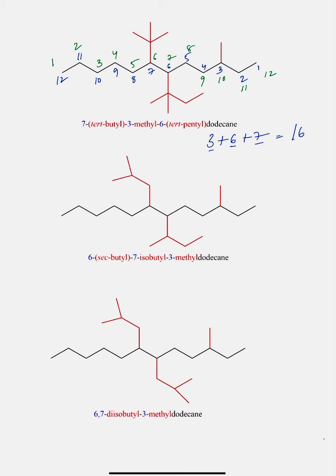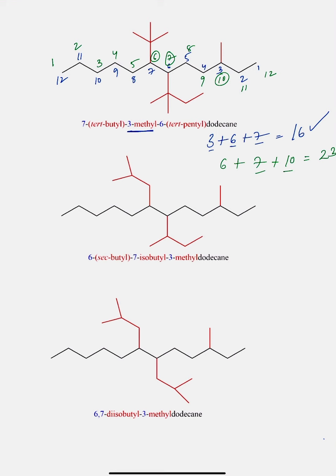Now if I consider the green numbering, it's 6 plus 7 plus 10, which is 17 plus 6, 23. So according to the lowest sum rule, the blue numbering is the correct way. What group is attached at 3? At 3 you have a methyl group, so I have written 3-methyl here.